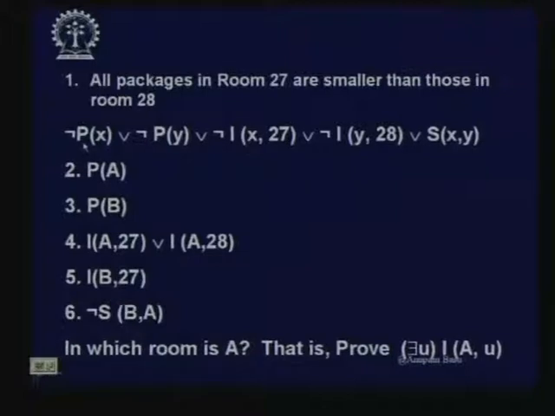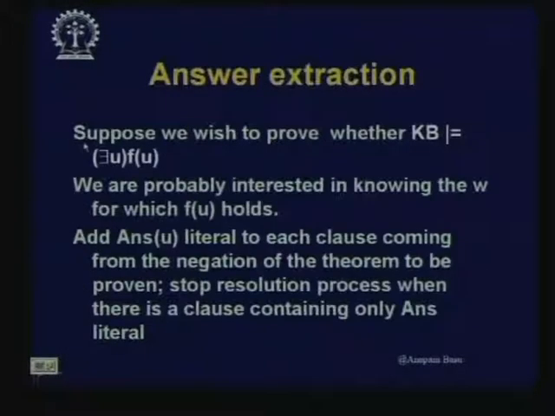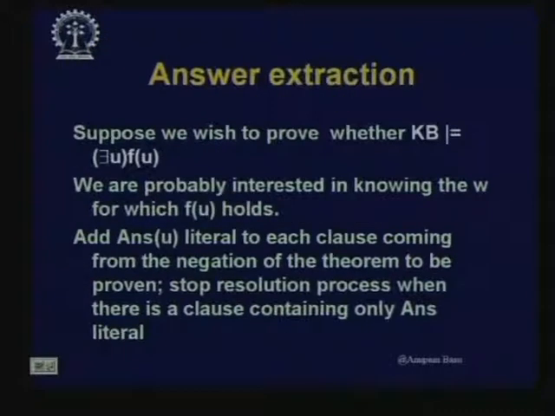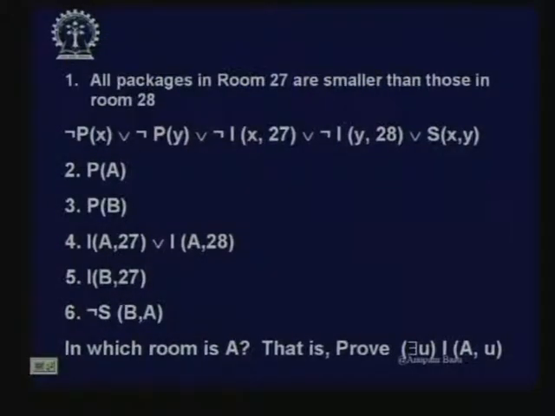Right, because all packages in room 27 are smaller than those in room 28. So, for x, x is a package and y is a package, and x is in room 27, that means package x is in 27, package y is in room 28, and x is smaller than y.